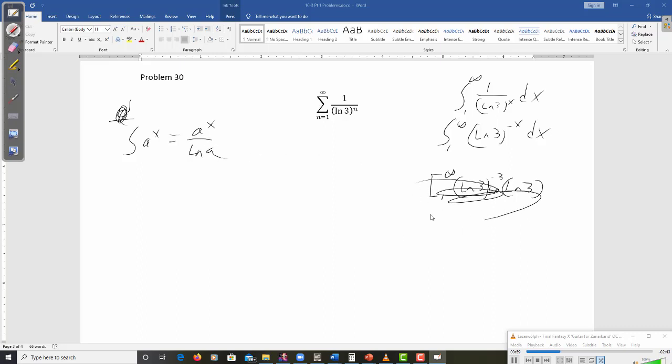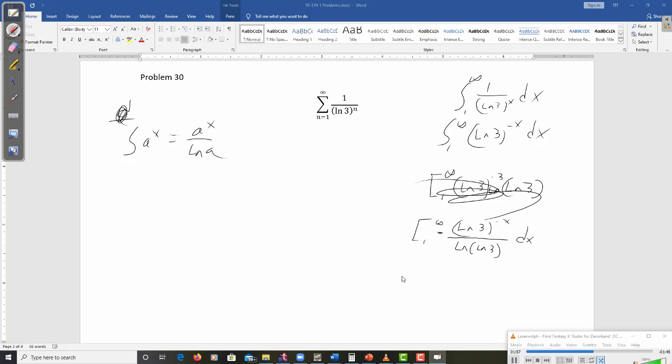So this is the integral from 1 to infinity of ln of 3 to the negative x. I still have to deal with the negative, but over ln of 3, and then times the negative, because if I let u equal the exponent, I'll get du is negative dx.